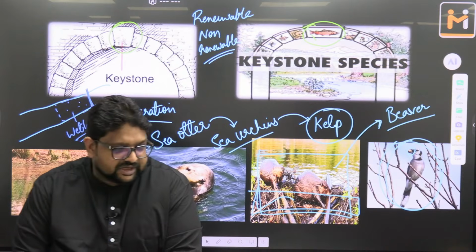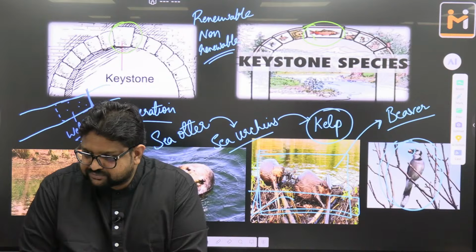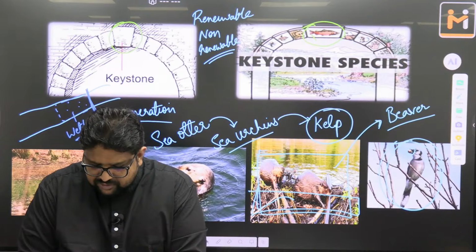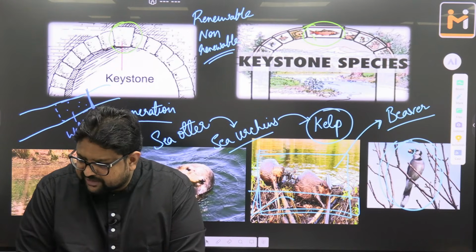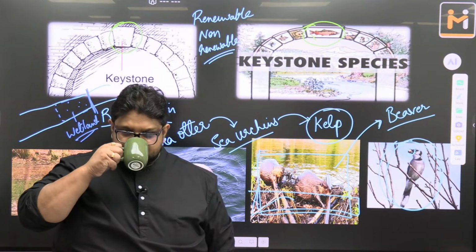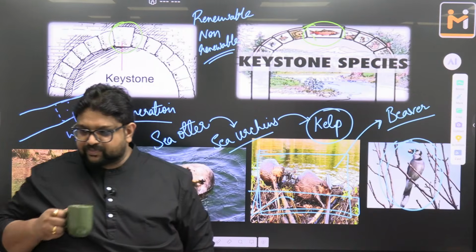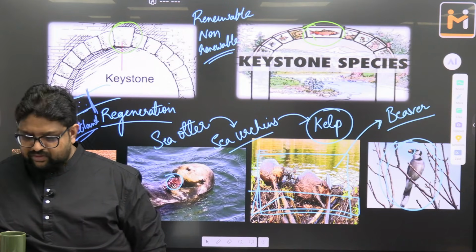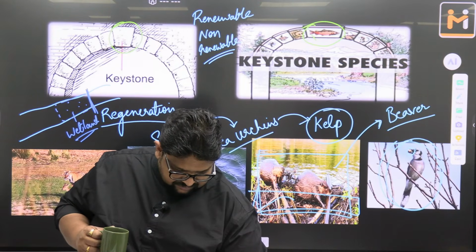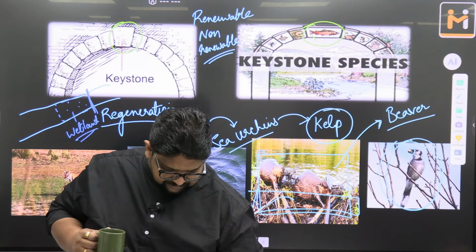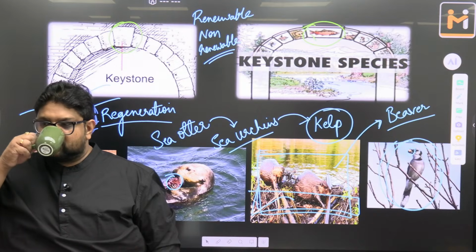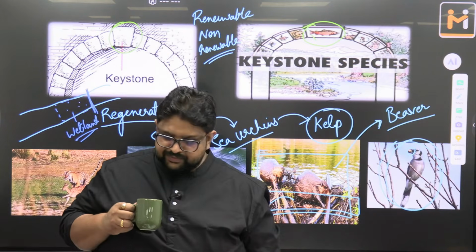A keystone species is a species that has a disproportionate effect on its environment relative to its abundance.